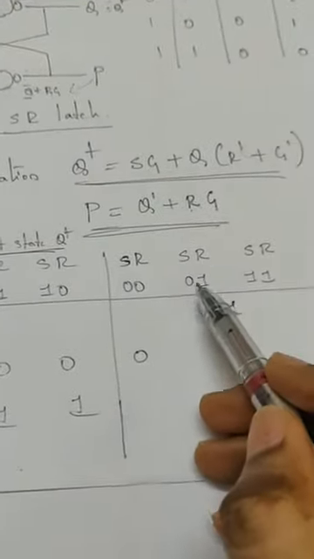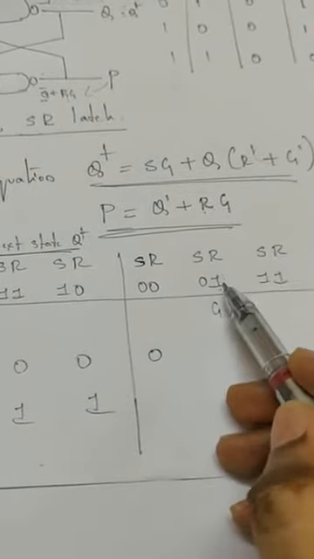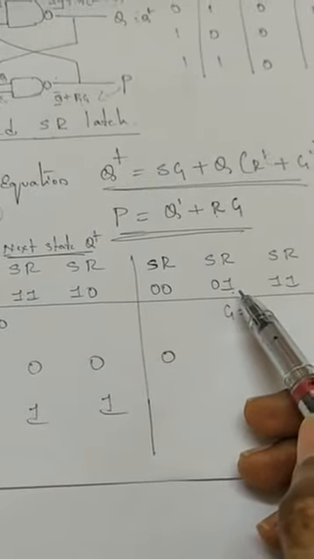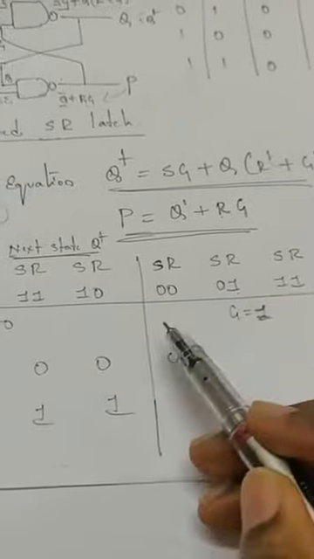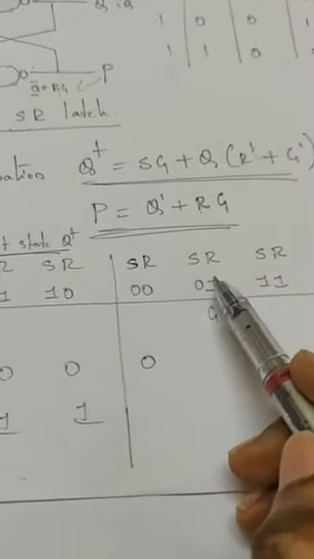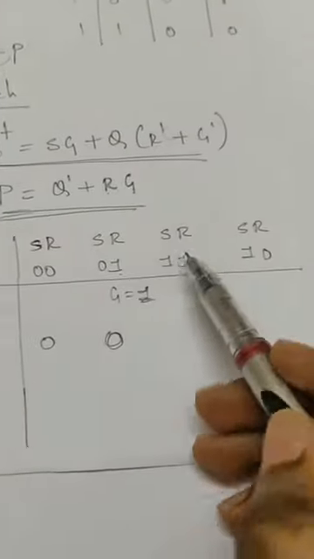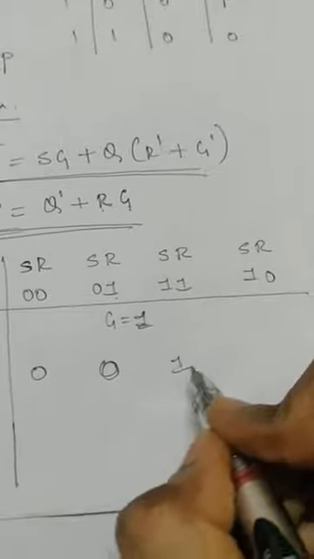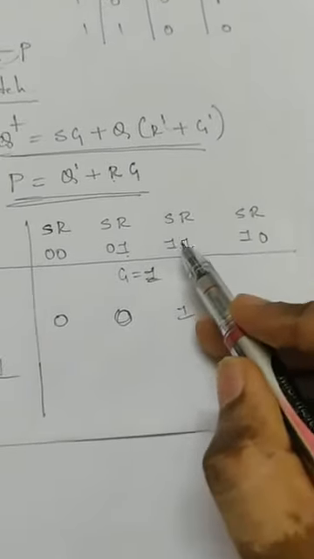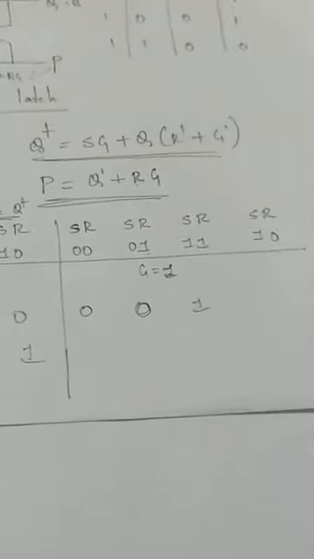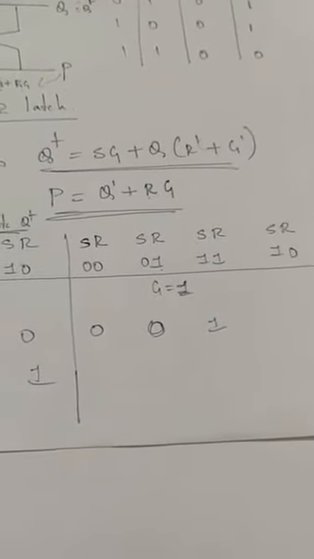When SR is equal to 0 1, R equal to 1 means reset state. Whatever the previous or present state might be, when the reset state appears, the output will change to 0. SR 1 1: present state 0 means next state will be 1. SR 1 0 1, this input is not allowed, but if the previous state is 0, it will change to 1 in the next state actually.